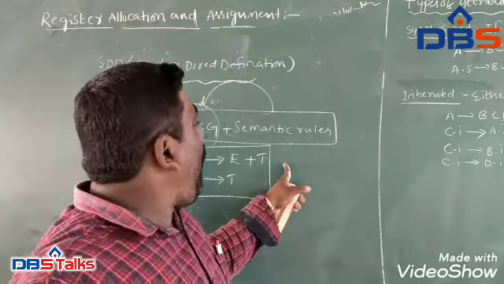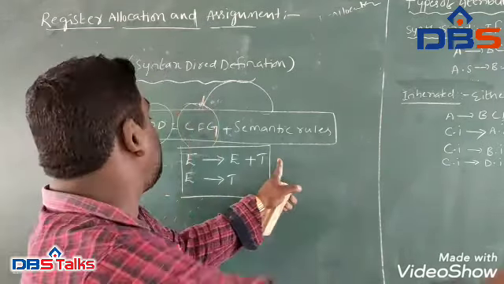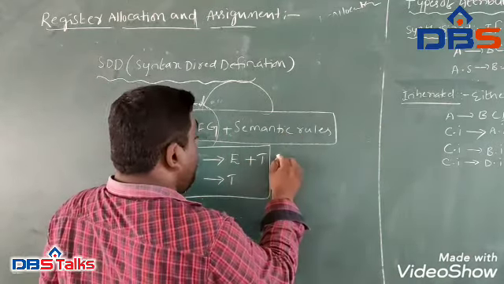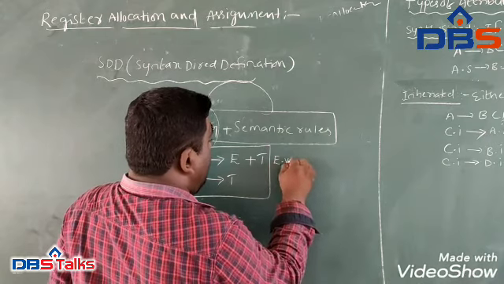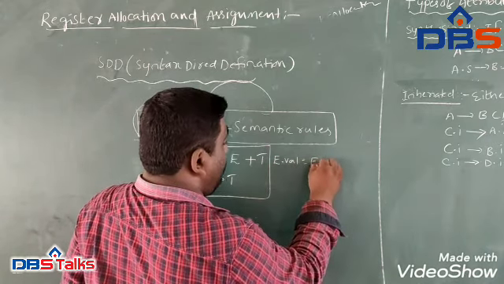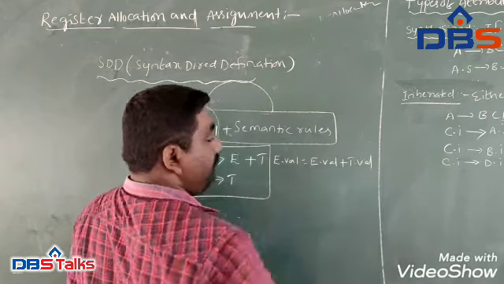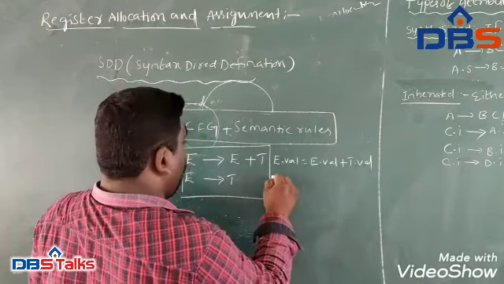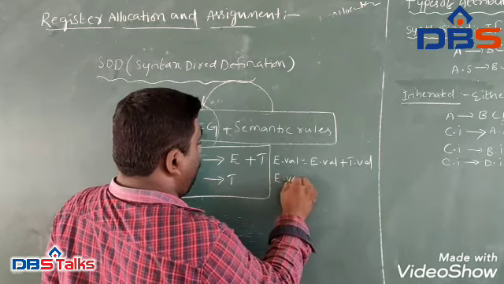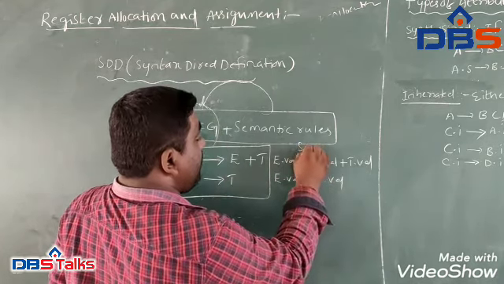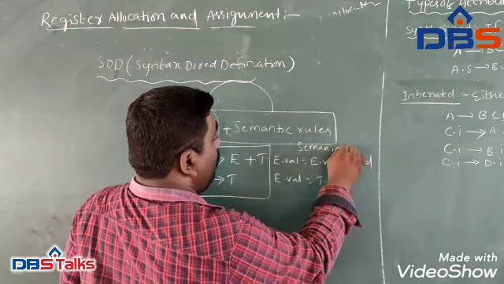Here we add the semantic rules. We write the semantic rule as E.val = E.val + T.val, and again E.val = T.val. So this is the semantic rule.